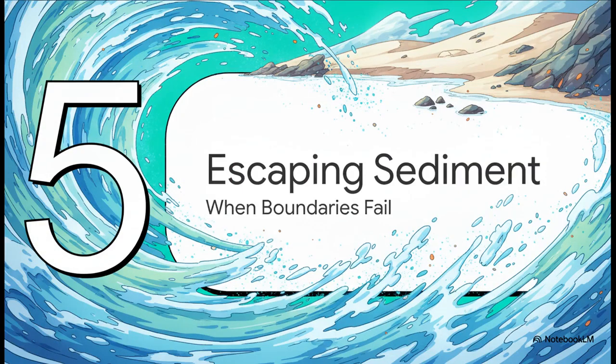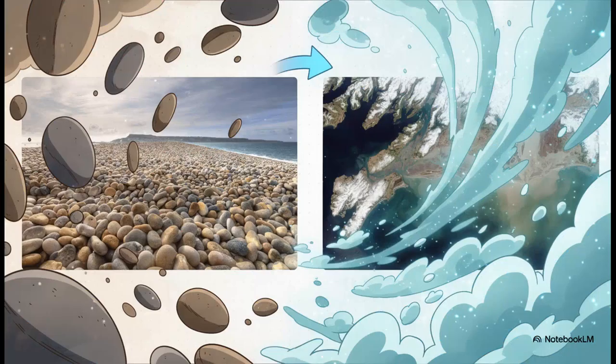Section 5. How fine sediment escapes. You see, nature is rarely that rigid, and this sparks a massive debate. Are these boundaries really truly closed? Just look at the stark contrast here. On one hand, you have massive, heavy pebbles on Chesil Beach that are incredibly easy for headlands to trap. But on the other, you have ultra-light, fine silt, like the cloudy, turquoise plumes escaping into the Gulf of Alaska.